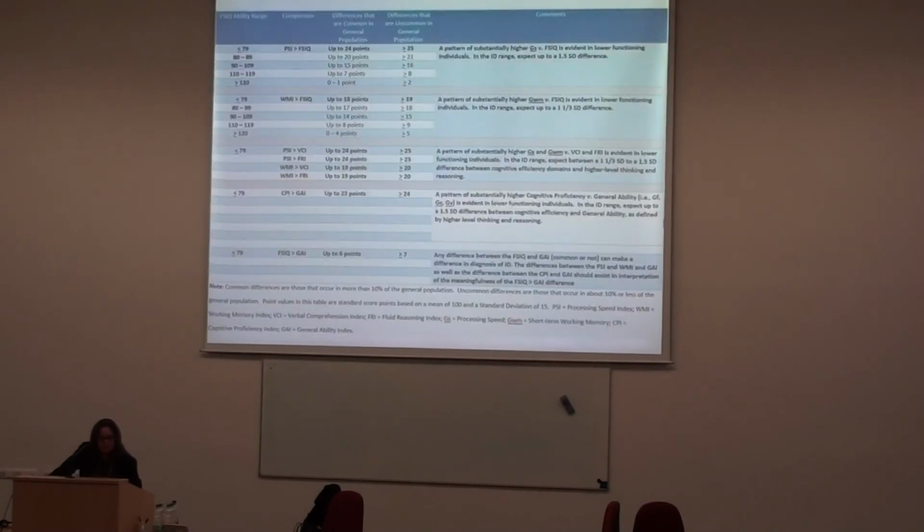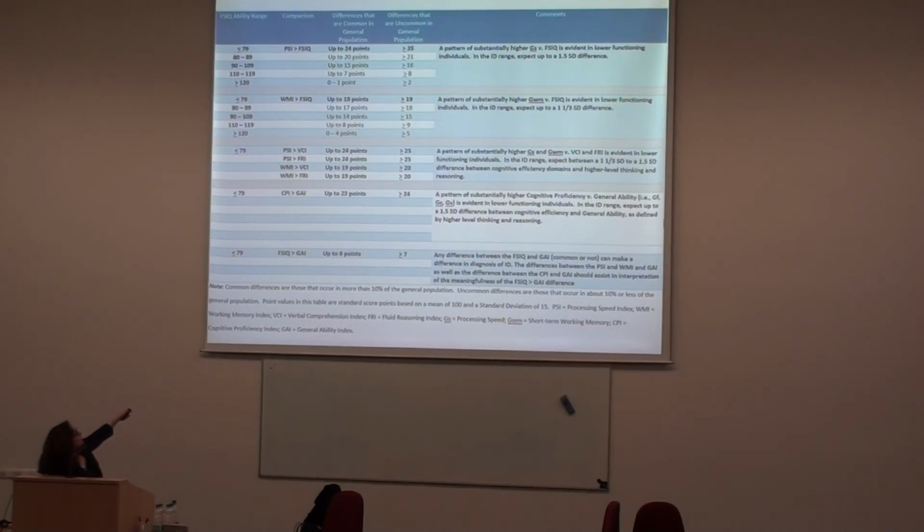And I've given you some information about this that comes right out of the manual. If you look at it, the ability range is 79 and lower. And it shows your processing speed is higher than your full-scale IQ, up to 24 points higher, and that's typical. The lower functioning you are, the higher your processing speed as compared to your general ability. Processing speed versus crystallized intelligence, in your low ability area, up to 24 points higher.